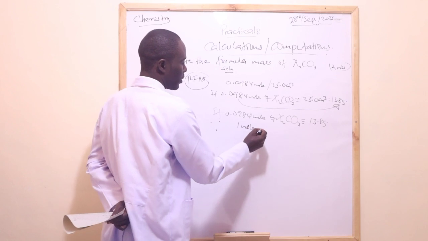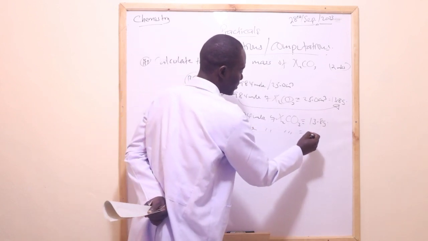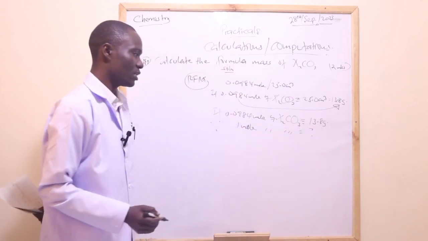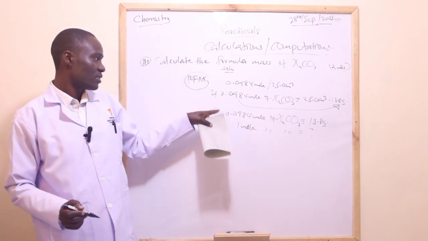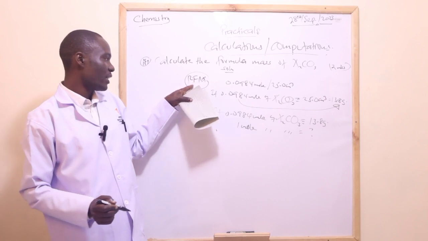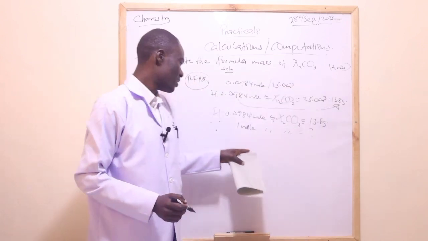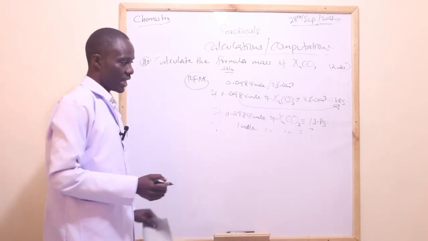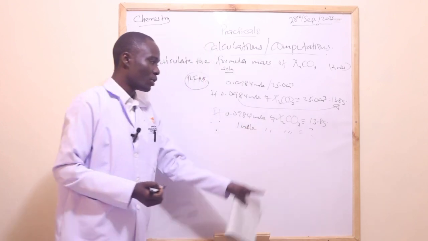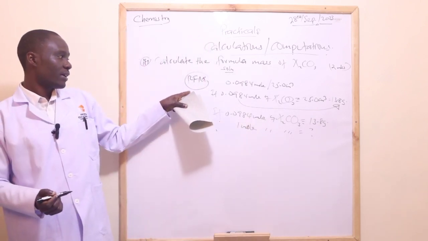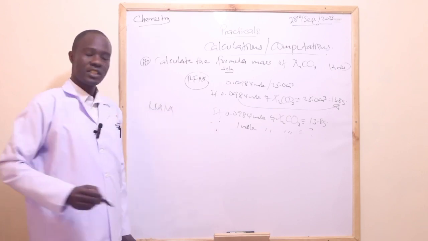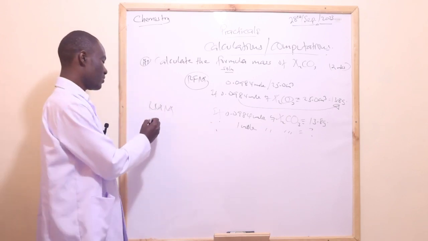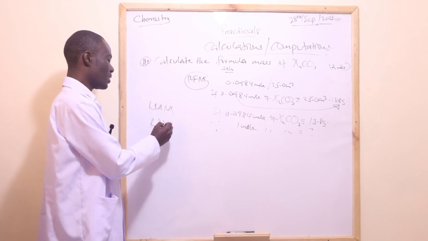What about 1 mole of the same substance? What mass will it give us? Remember, the mass that 1 mole of any substance gives, if that substance is an ionic compound like in this case, is the RFM. If it is a molecular compound, it gives the relative molecular mass. If it is an element, it gives the relative atomic mass.